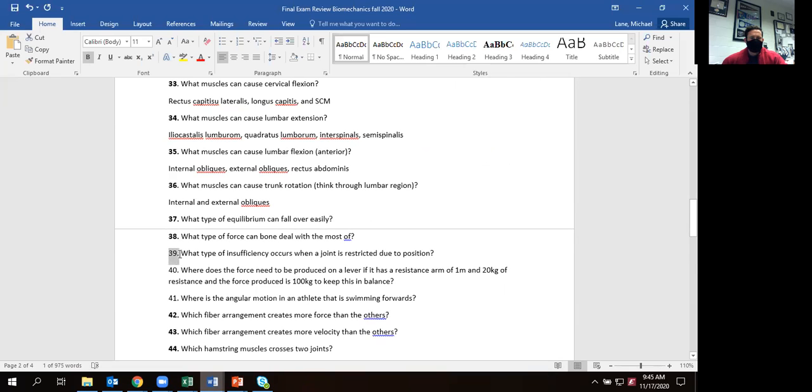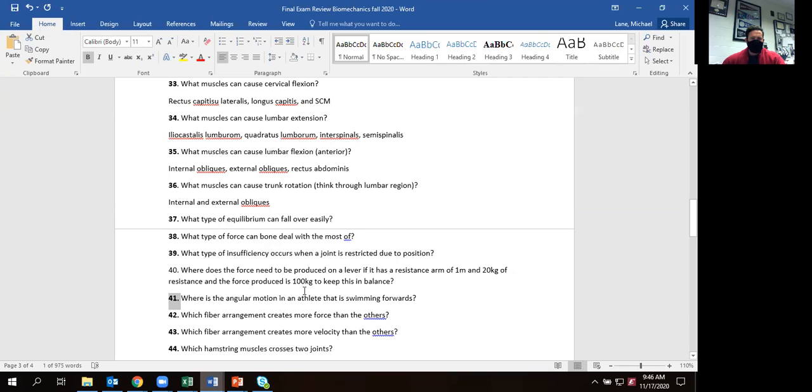Ooh, what type of insufficiency occurs, guys, when a joint is restricted due to position? Awesome. Passive. So it's active whenever it's effectively the muscles in the far end of range. Angular motion here is going to be going in the limbs.